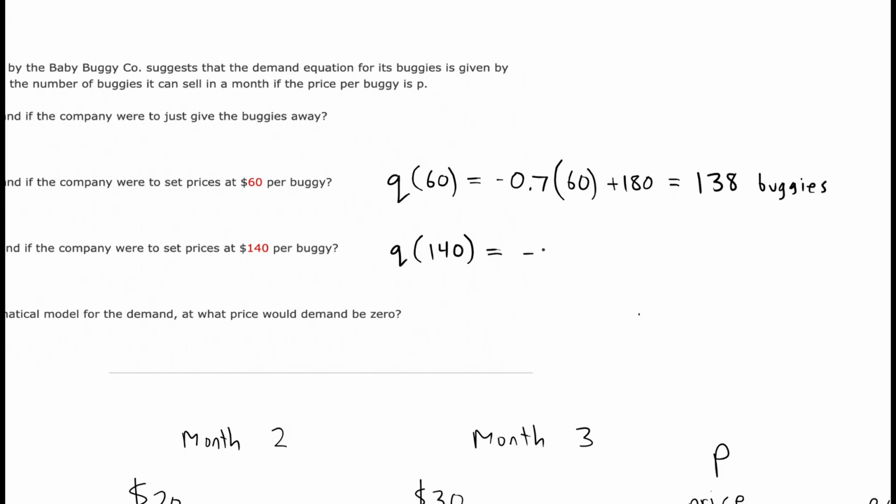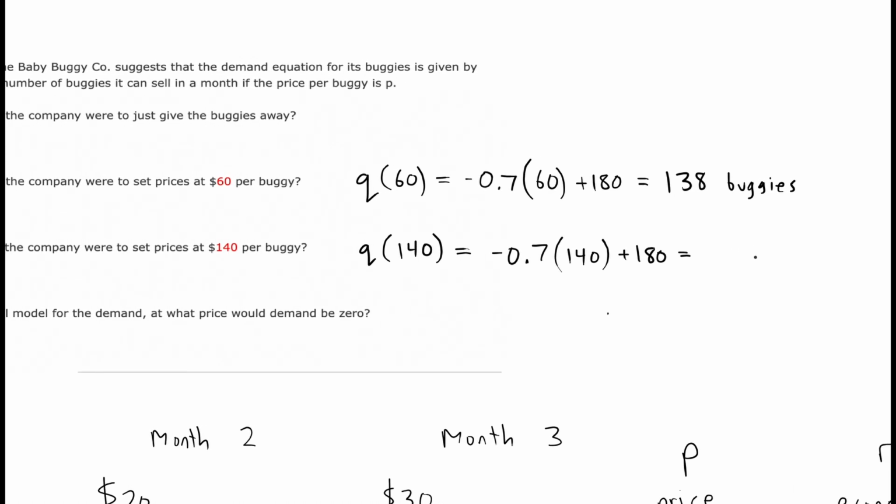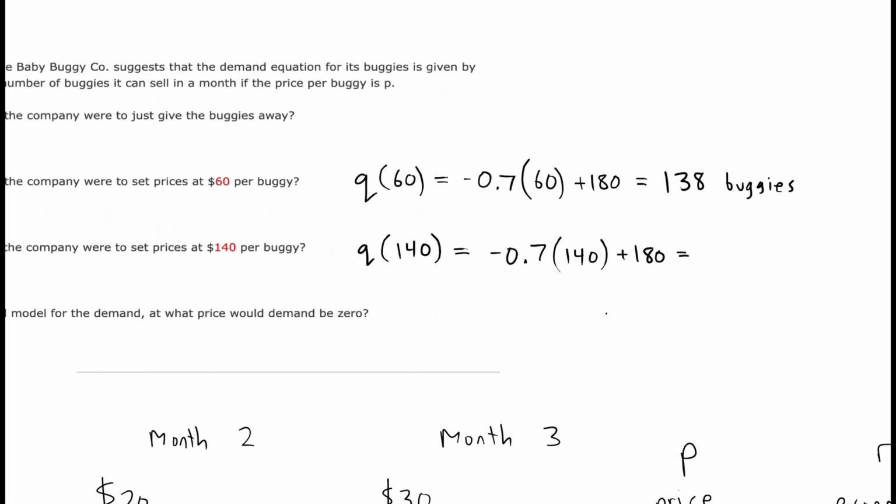If they can get the buggies cheaper somewhere else, then oftentimes they'll find a way to do that. It's supposed to be in the free market that you don't have a monopoly on these things. So raising your prices sometimes isn't the right approach, as we'll see. Only 82 buggies will be sold in that case.